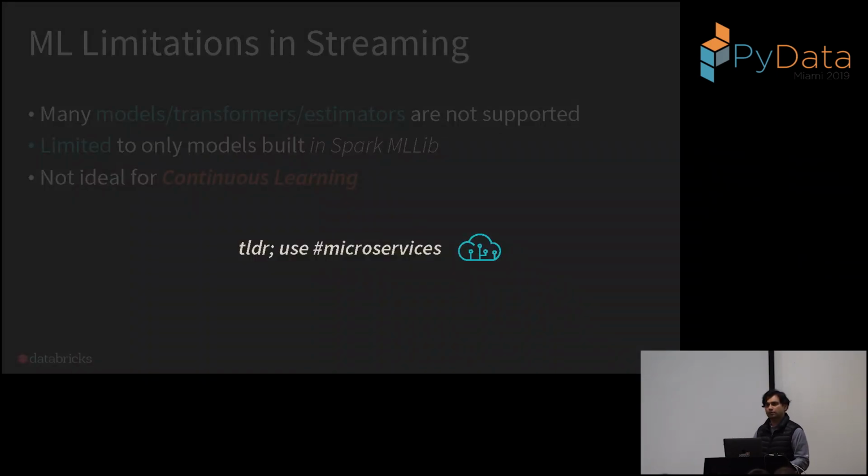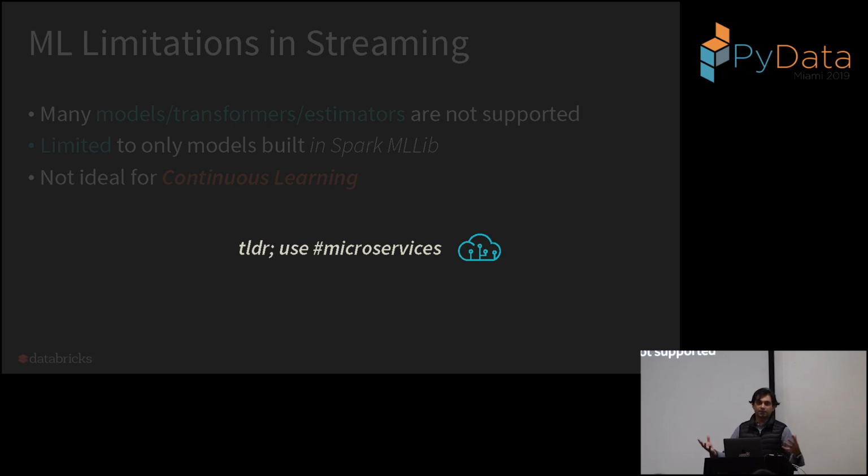But when we talk about doing machine learning on streaming data, there are still some limitations when it comes to structured streaming. Number one, since we have to write a lot of these algorithms from scratch for streaming, a lot of the models in Spark, transformers and estimators, are still not supported.